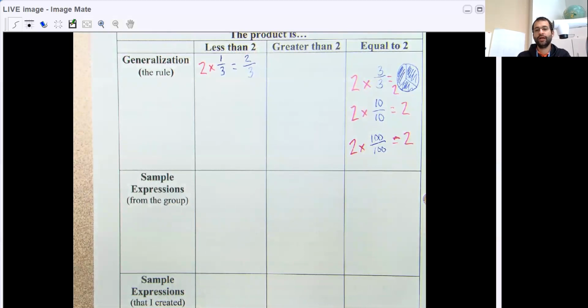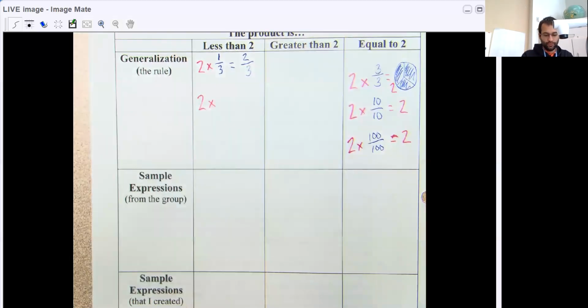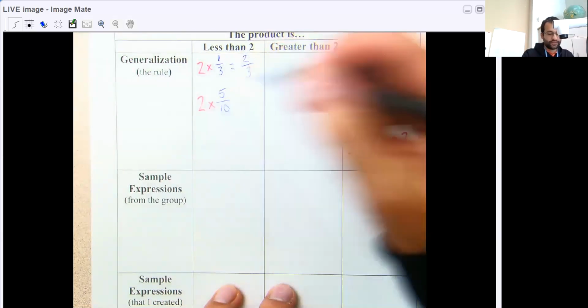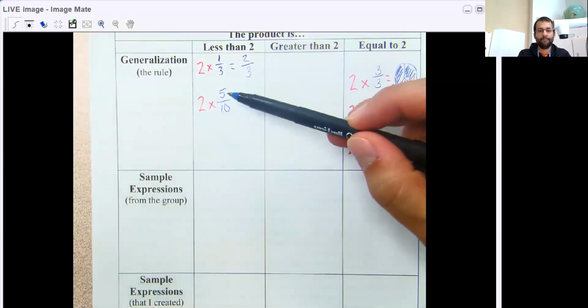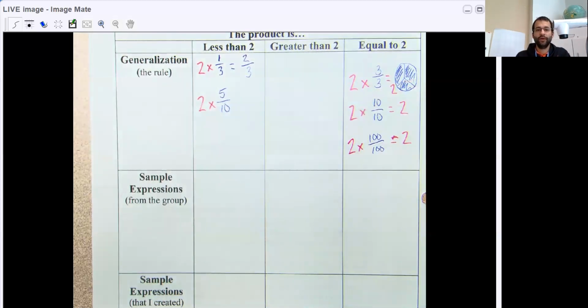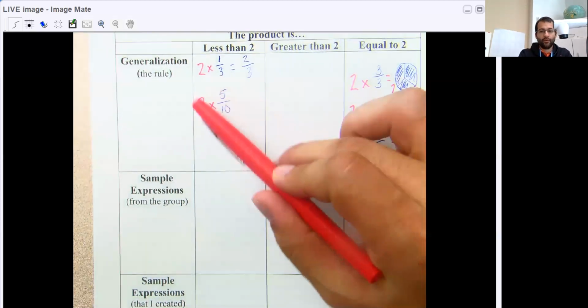Okay, let's try a different one, and then let's try something that we can use to solve. How about 2 times 5/10. Once again, smaller number on top, bigger number on bottom, so it's going to be less than 2. Now here's a cool little trick that you can do. Look at my equation right here.